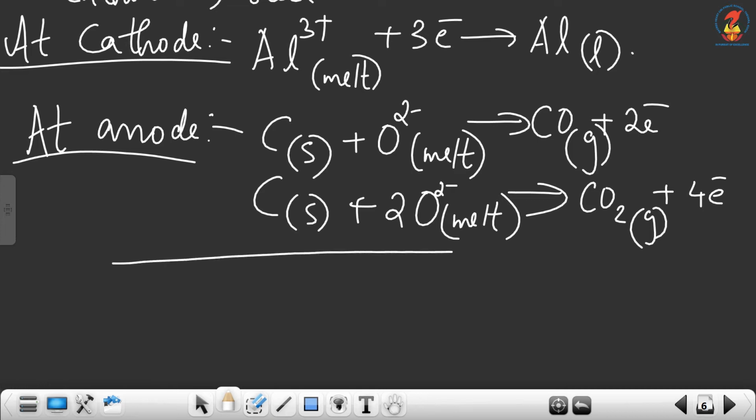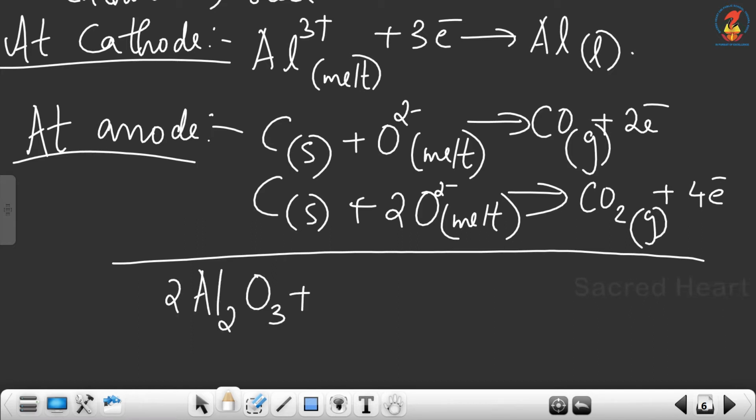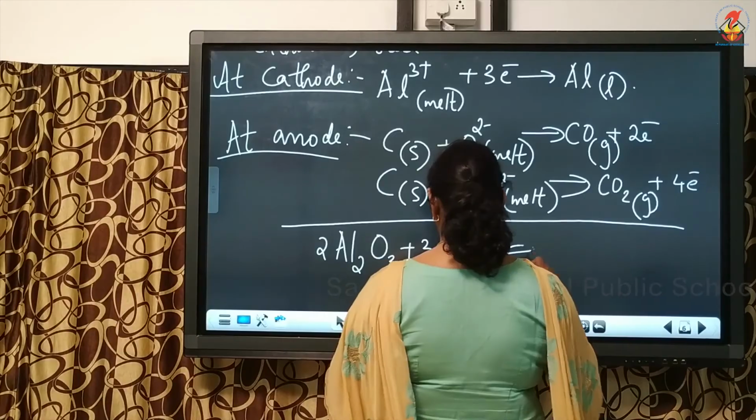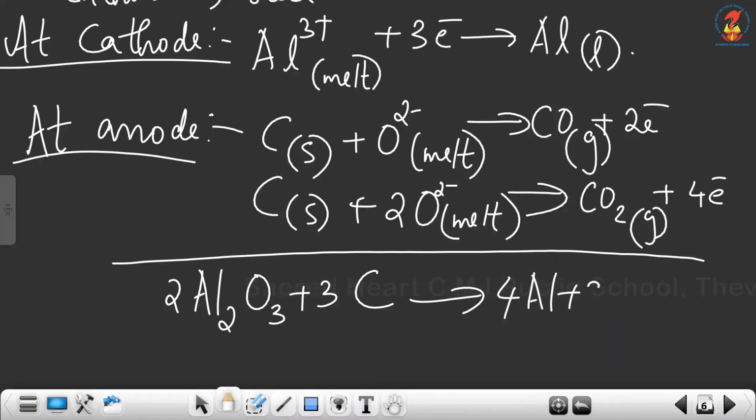Now when you write the overall reaction it is 2Al2O3 plus 3C. So here carbon acts as the reducing agent. You will get 4Al plus 3CO2.